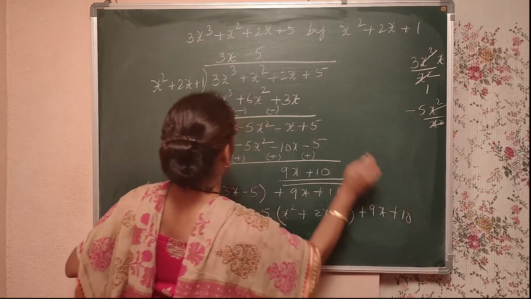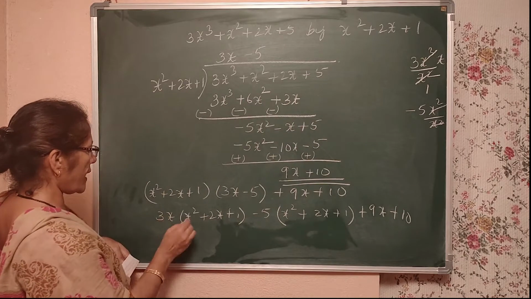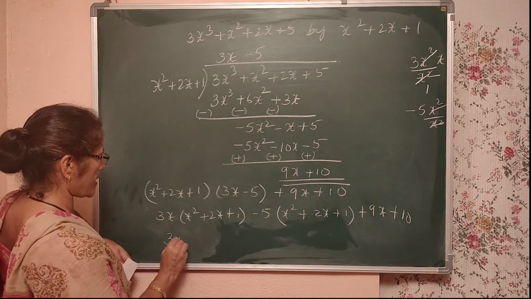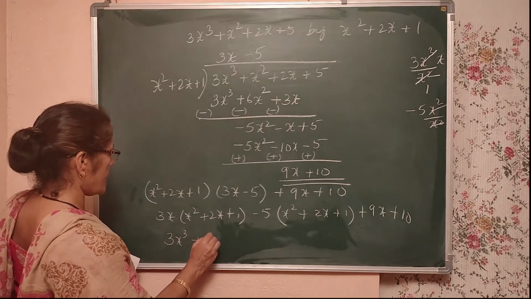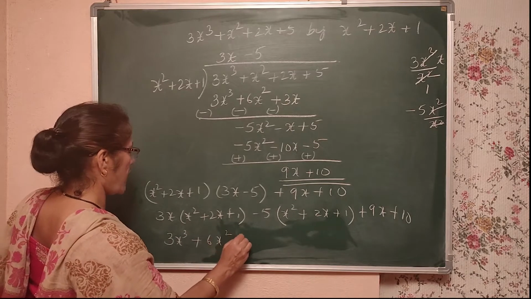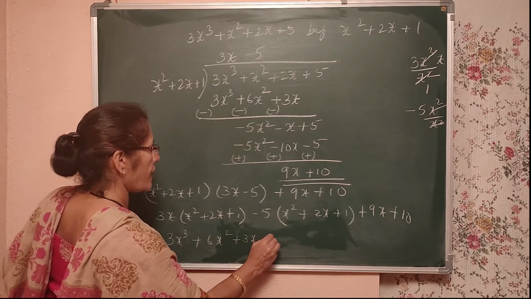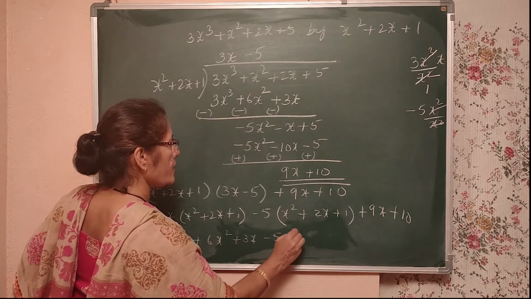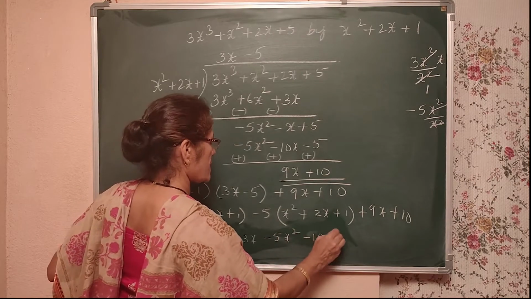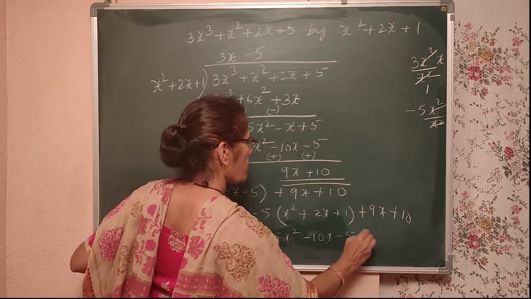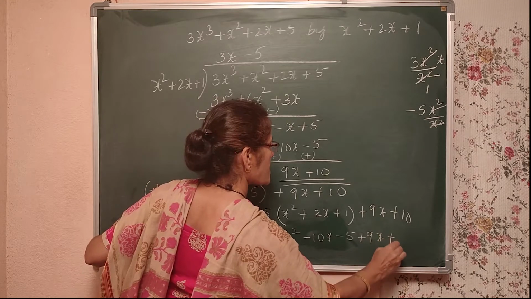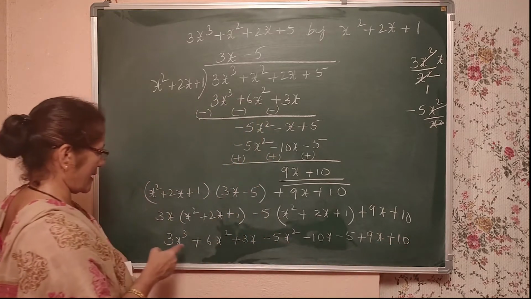What do we have to get? We have to get this 3x cube. 3x into 3x square, 3x cube plus 6x square plus 3x minus 5x square minus 10x minus 5 plus 9x plus 10.